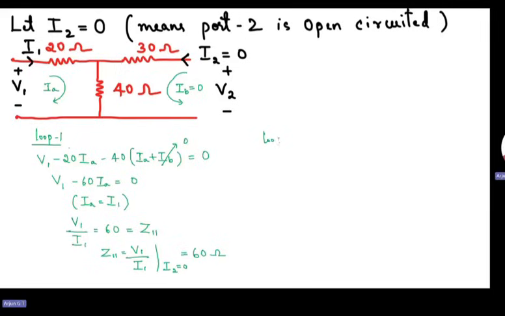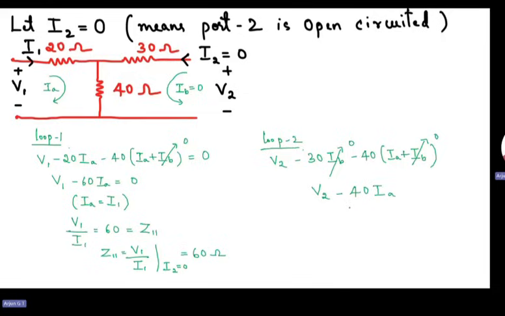Next, we apply KVL for loop 2. It becomes V2 minus 30 IB minus 40 (IA plus IB). As IB is equal to 0, we get V2 minus 40 IA.